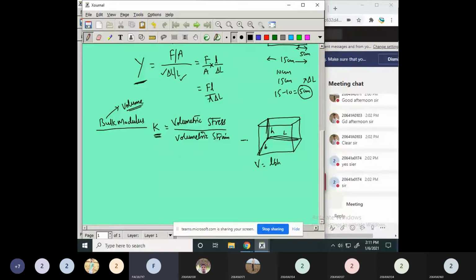Now if you apply forces in all these directions, consider this as the x-axis, this has some y-axis. So this is on top and bottom, on top and bottom. Now similarly, front and back side, towards the front face, and here towards the back face. This is the z-axis. You are applying on all the possible directions.